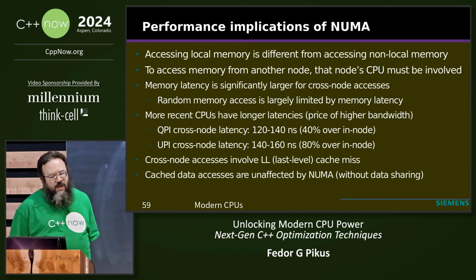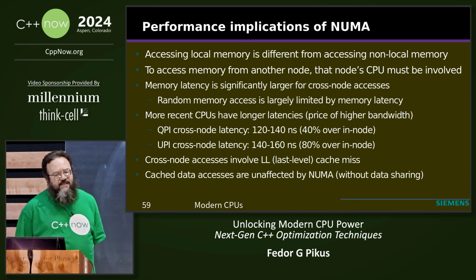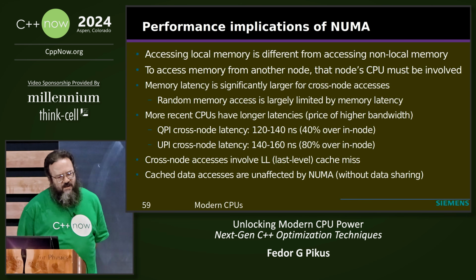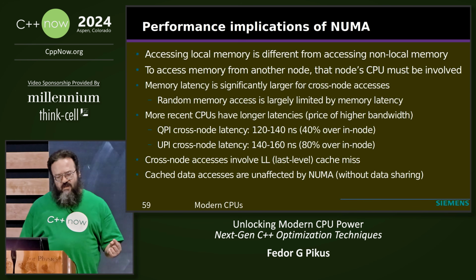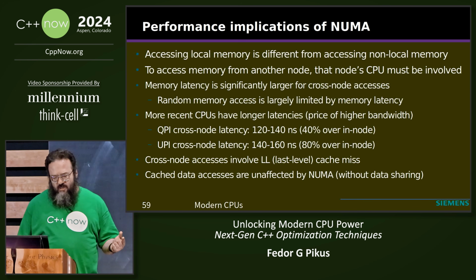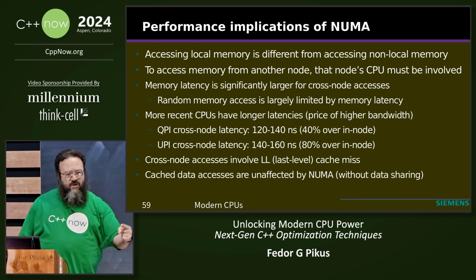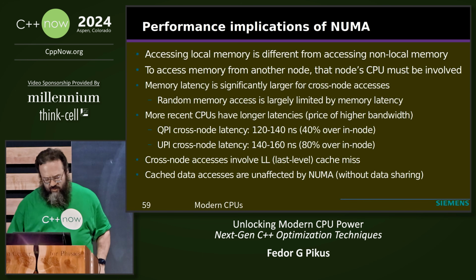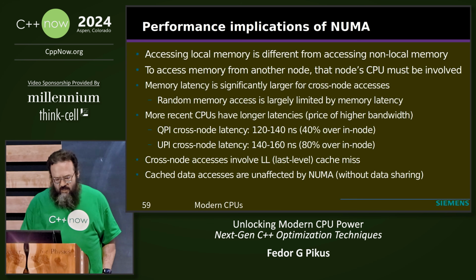Also, cross-node accesses always involve a last-level cache miss, because you have to go out of the L3 cache and into the interconnect and back into L3 cache of the other node. I'll show you what that looks like.